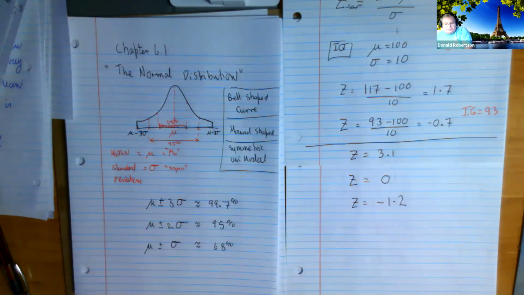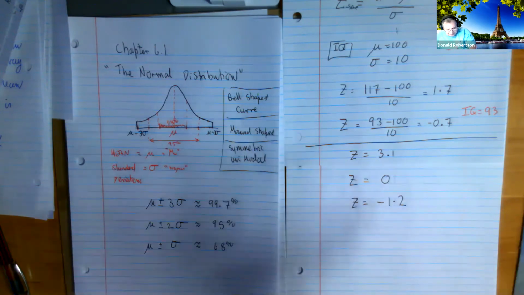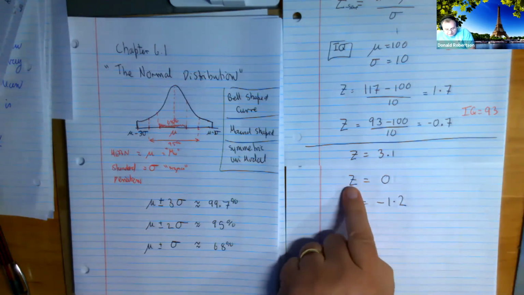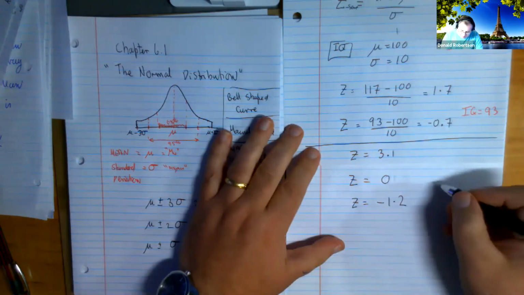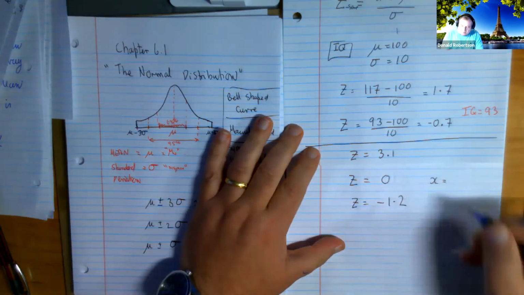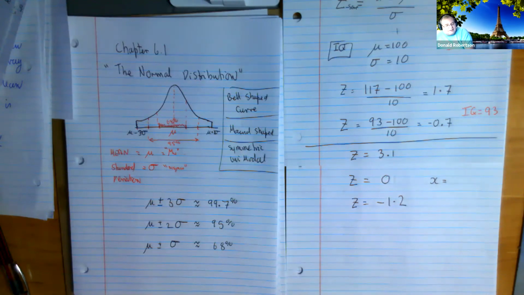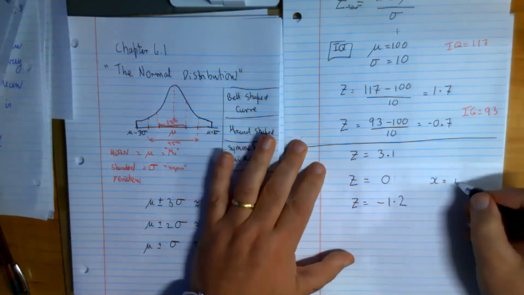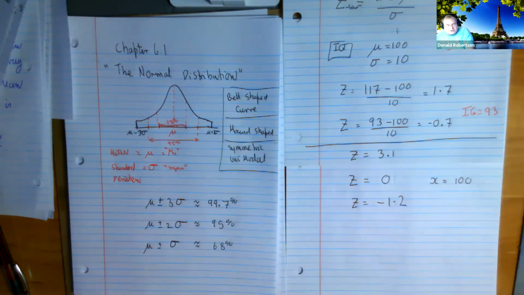Here are 3 z-scores. We'll pretend it's the IQs again. If you have a z-score of 0, what IQ do you have? 100. If a z-score is 0 for a number, doesn't that mean that number is the same value as the mean?